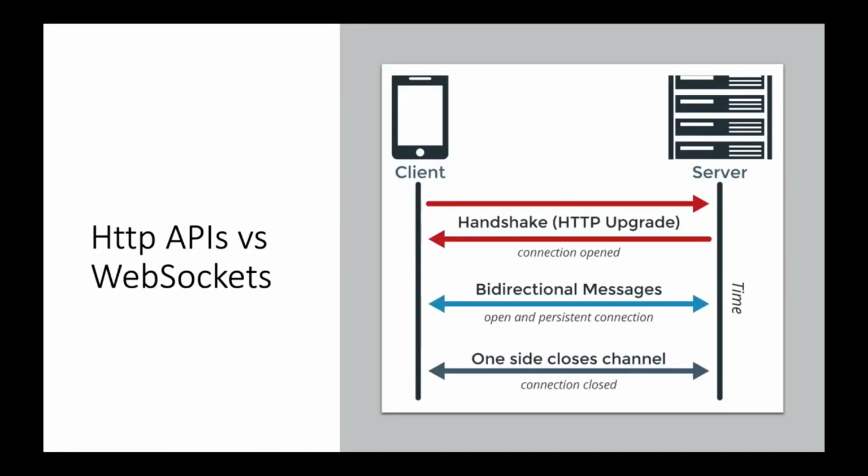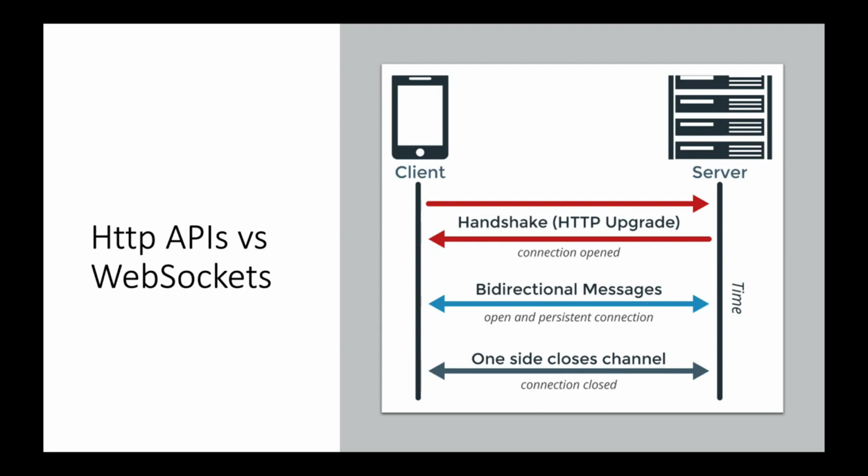So what is the basic difference between HTTP APIs and WebSockets? In HTTP APIs, first the client connects to the server, it sends a connection request, then the server accepts it, the connection gets established, then the client sends the data, the server responds to the client with that data, and the connection gets closed.